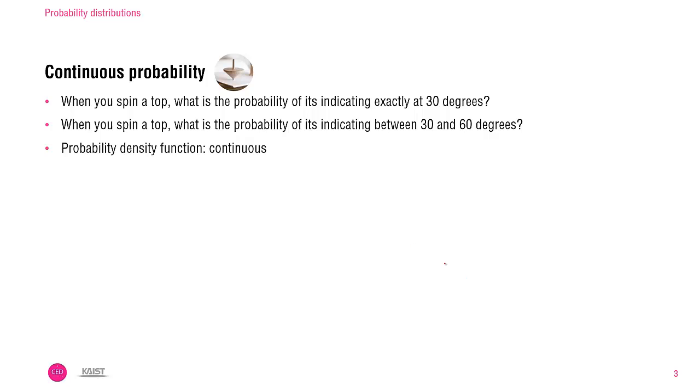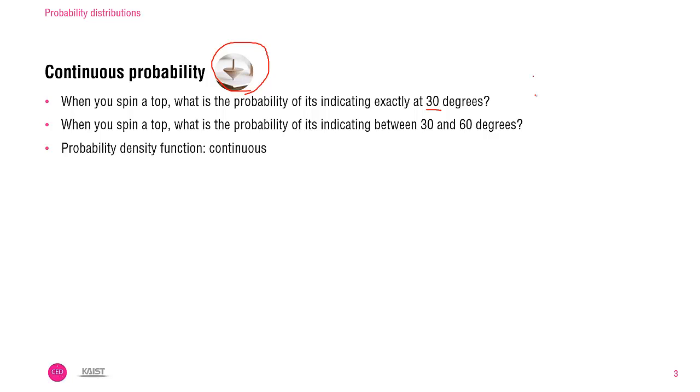Now let's think about this situation. You spin a top. What is the probability of its indicating exactly 30 degrees? The exact 30 degrees is a point, but that must exist only conceptually.